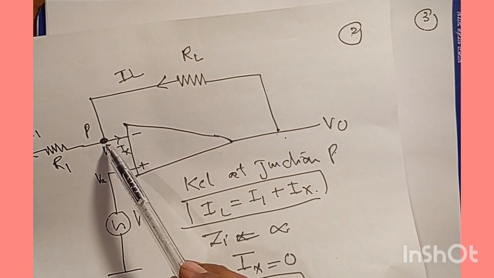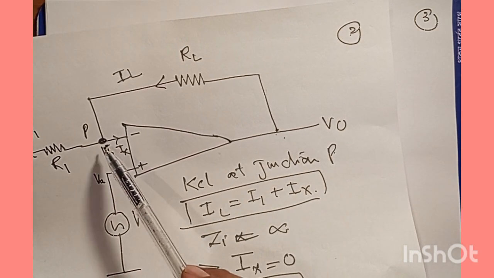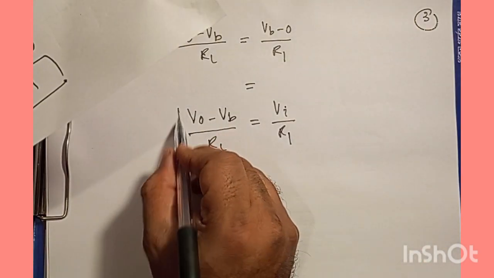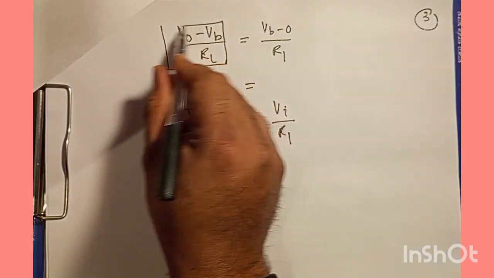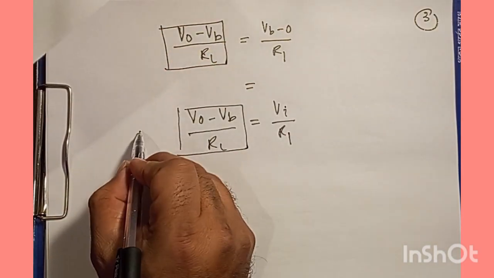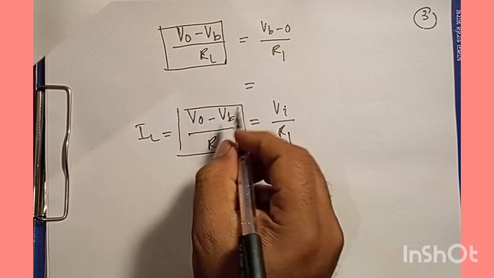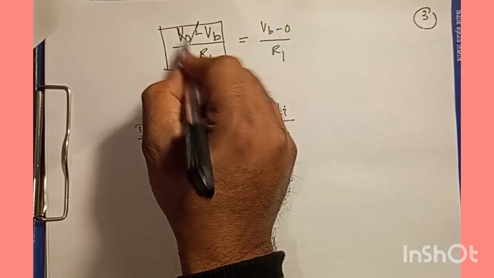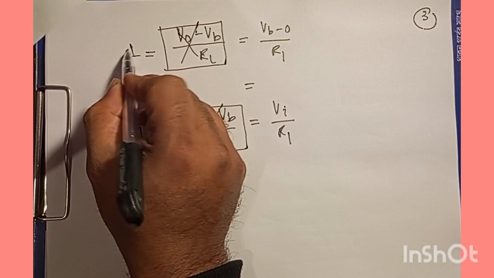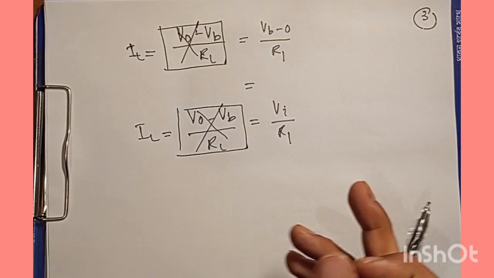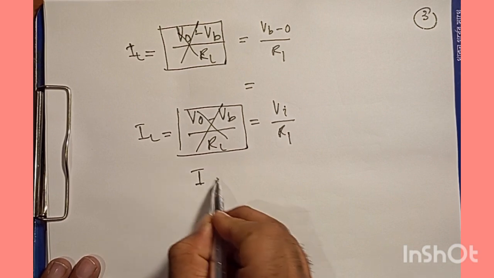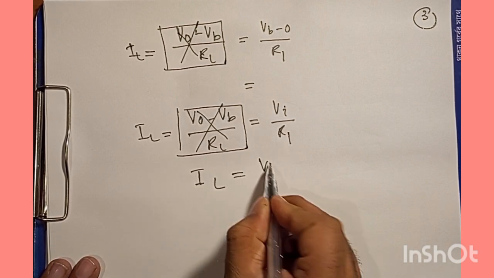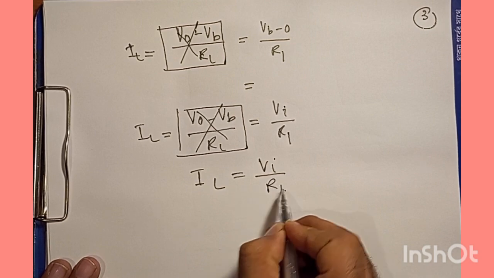Okay, now I think that the right choice here is not to write anything on the left side because this is simply IL. I want to get my result in terms of IL. So the result is out here that IL will be Vi by R1.